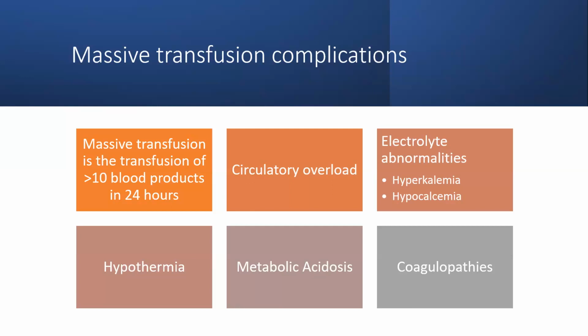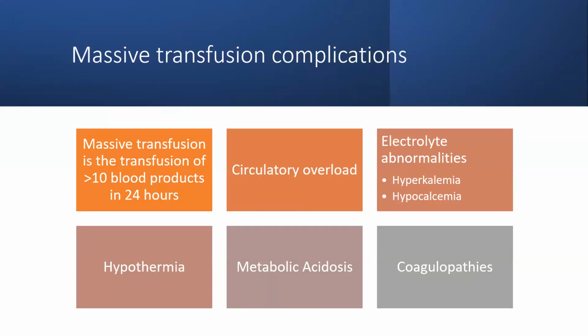Additionally, we can develop electrolyte abnormalities with massive transfusion. A lot of times patients will develop hyperkalemia, as they may have lysis of some of those red blood cells. And then they usually will develop hypocalcemia as well, as those blood products, specifically the red blood cells and FFP, are delivered into the patient, and they're all packed in sodium citrate.